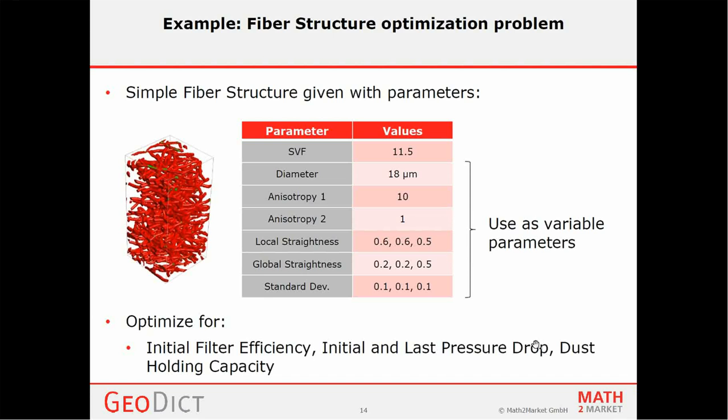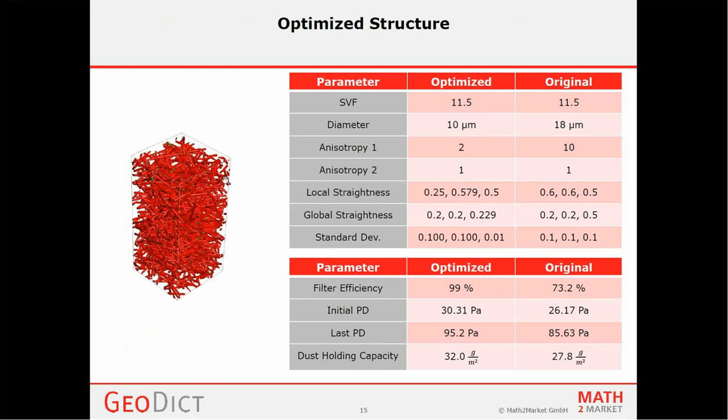And what do the results look like? In this case, we got that output with those parameters. I'm not going to read them because I'm not sure how efficient that would be. But interesting is the optimization result. We could almost get 100% filter efficiency.